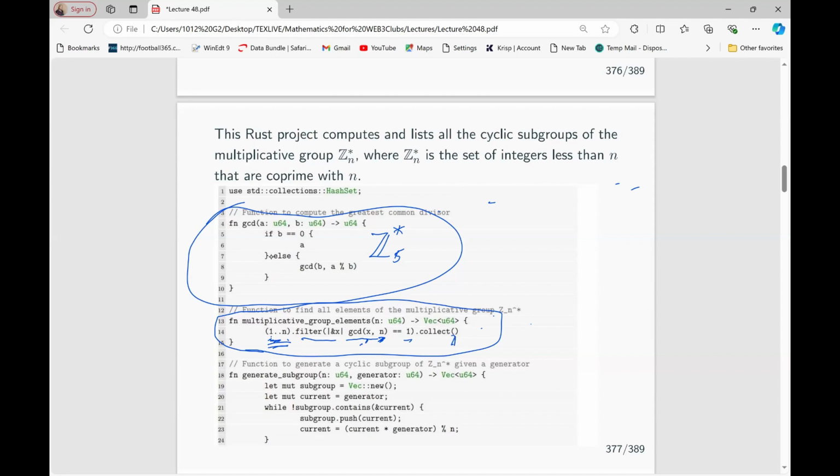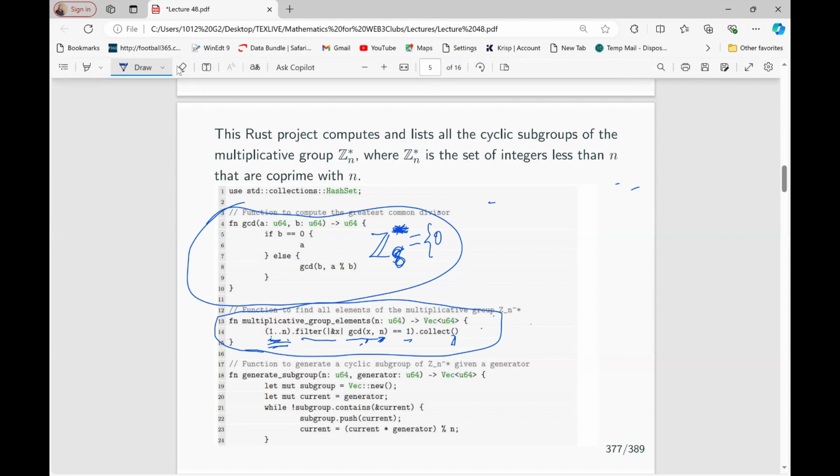So for instance, supposing this was 8. Let me remove the stuff first of all. Supposing it was just Z8.